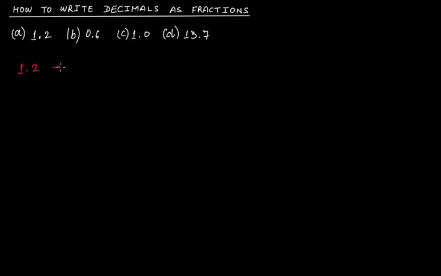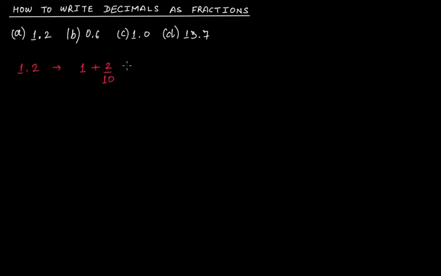Now this 1.2 can be written as 1 ones, plus, for this decimal point, 0.2 tells you that at the tenths place you have 2, so 2 tenths, right?